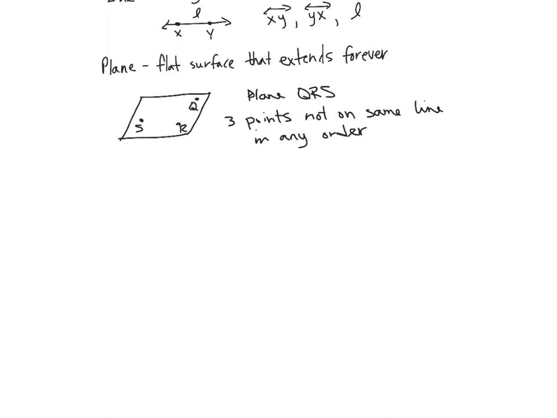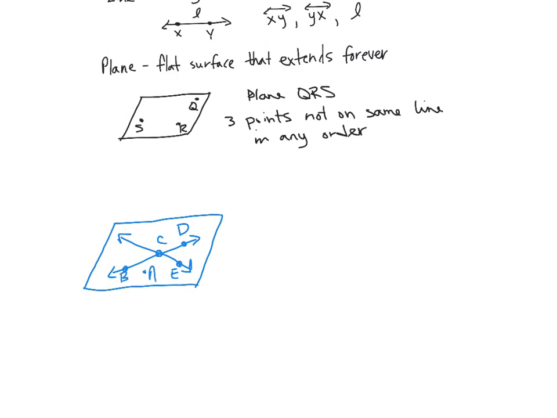So, they give you this figure, another parallelogram, and in it they have intersecting lines, and where they intersect is C, this right here is D, here is E, this is B, and then they just have a random point A here.